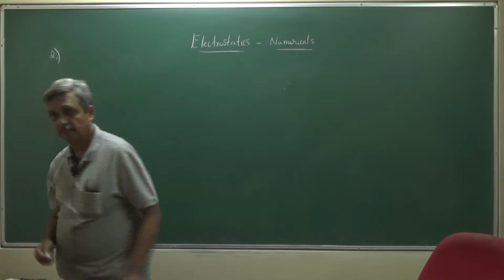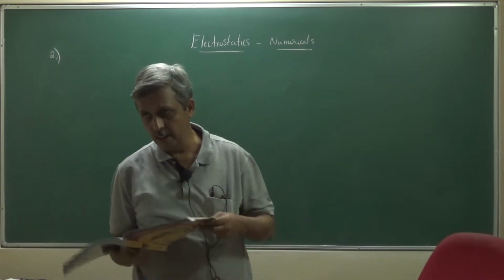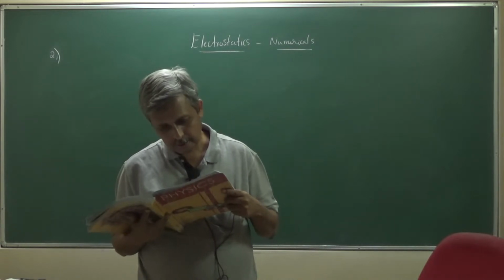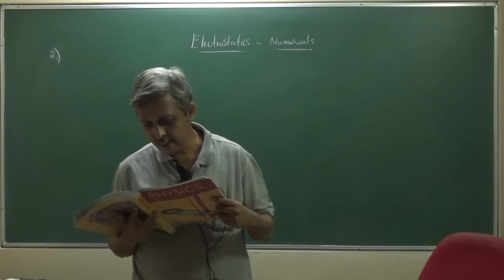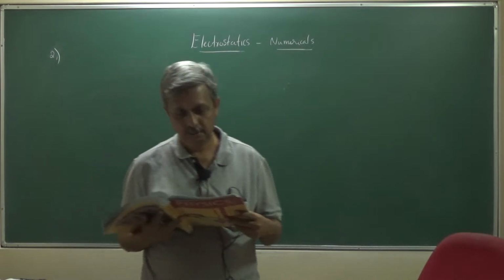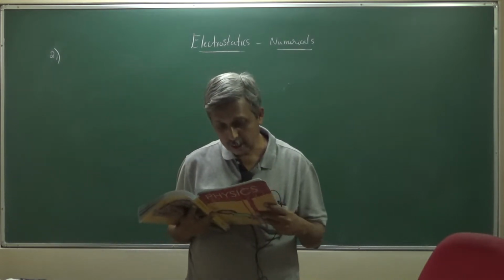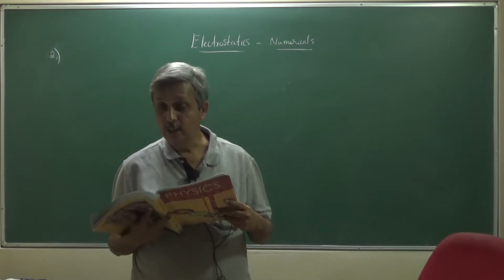Second. So second question is, let me read it. Please take it down. The electrostatic force on a small sphere of charge 0.4 microcoulomb due to another small sphere of charge minus 0.8 microcoulomb.